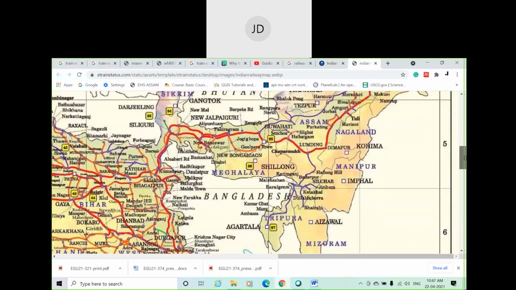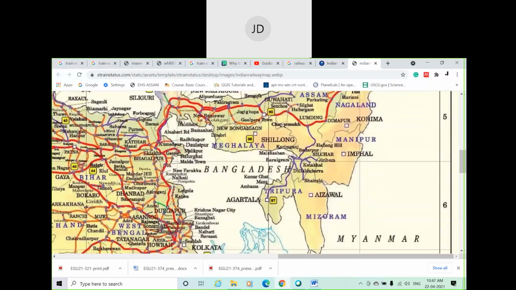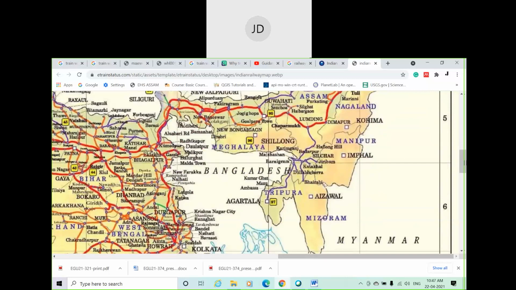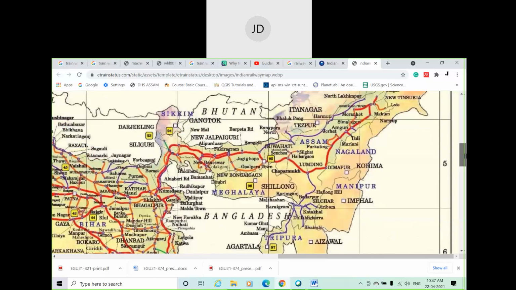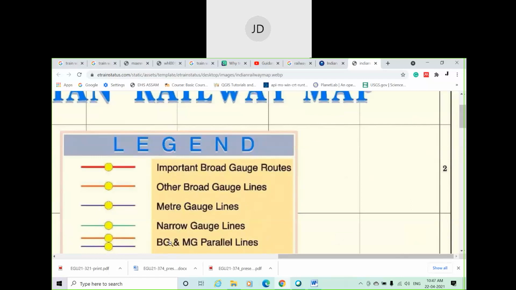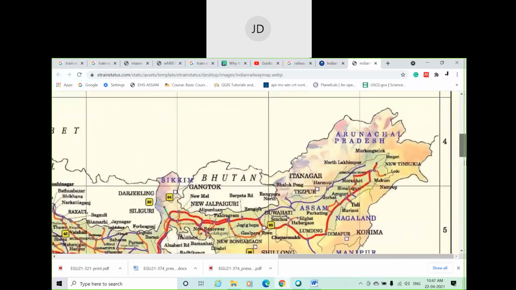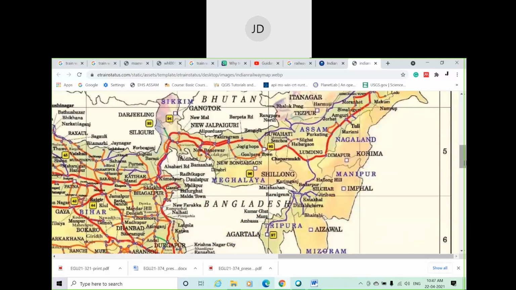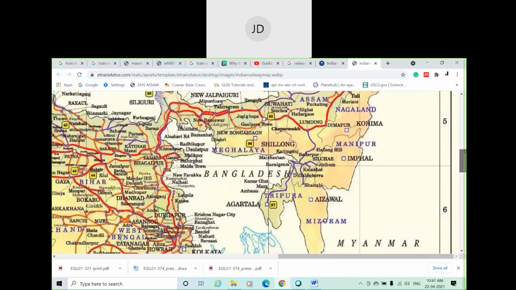You can see even in northeast India, there is not too much of the dark red line, because we are in a hilly area, so it is not feasible for laying broad gauge. So here you have used meter gauge. All are meter gauge here.